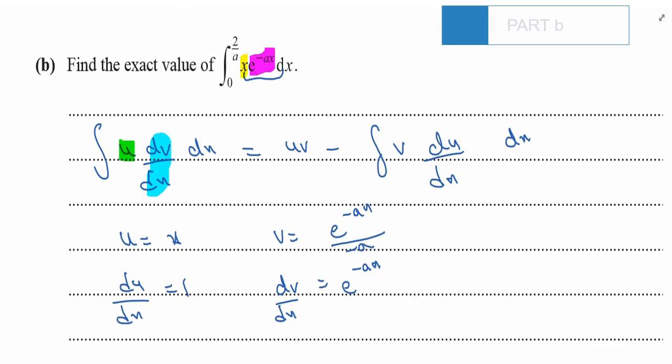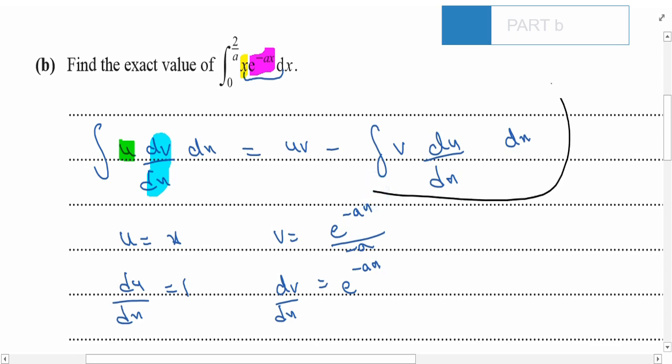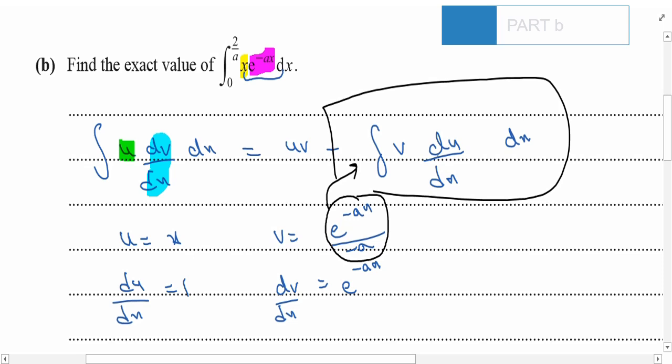Now these values are helpful for us. Why? Because in the second integral we just have to put v, which is e to the power of minus ax, and du by dx is 1. So we know how to find the integral of an exponential function.